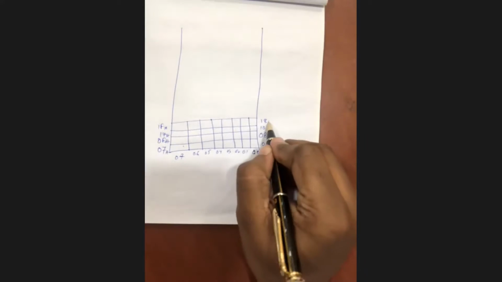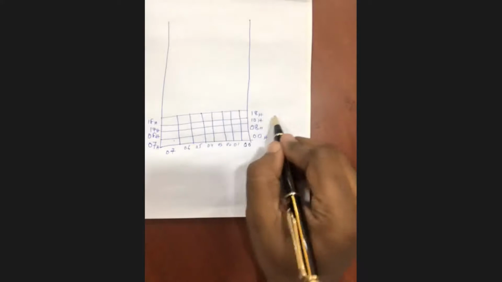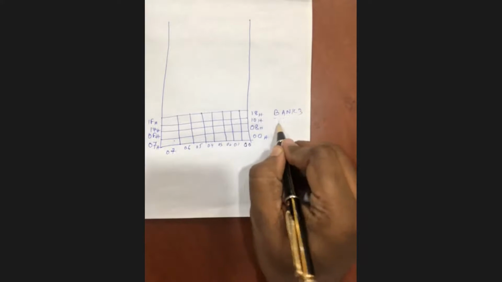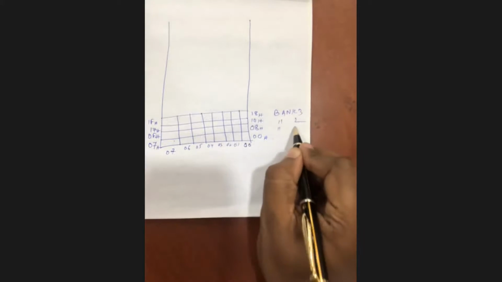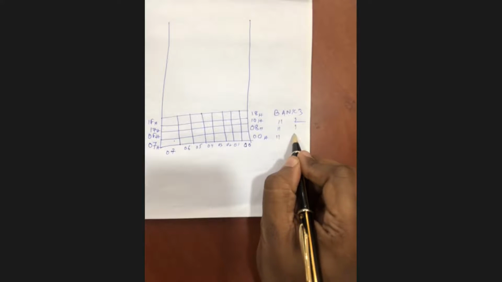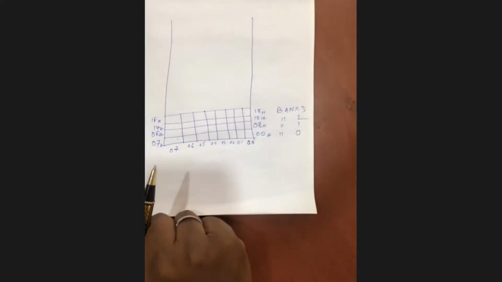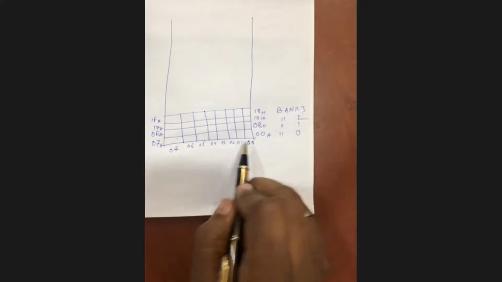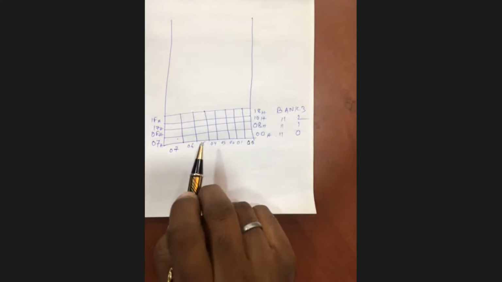These four are called bank 3, bank 2, bank 1, bank 0. So bank 0, what are the locations? 00 to 07.